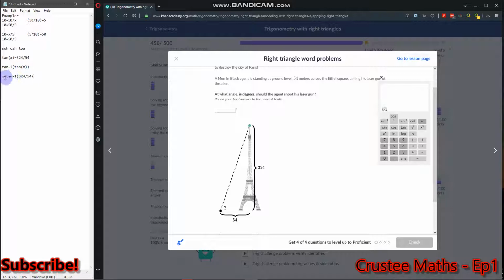And what that is saying is we're going to find out what this angle is by using the sides.